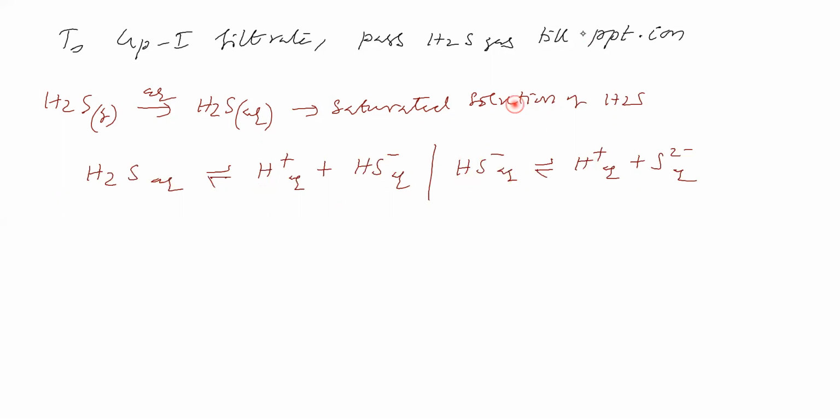So experiment says that for H2S there are two equilibrium constants, one for this equilibrium, another for this equilibrium. So this solution contains this equilibrium as well as this equilibrium.